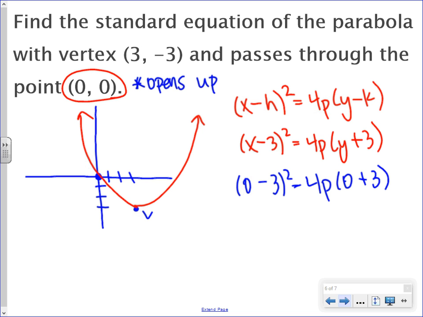So 0 minus 3 squared, 9. Well, I think we all can do this math in our head. 4p times 0 plus 3? 12p. So p is 3/4.